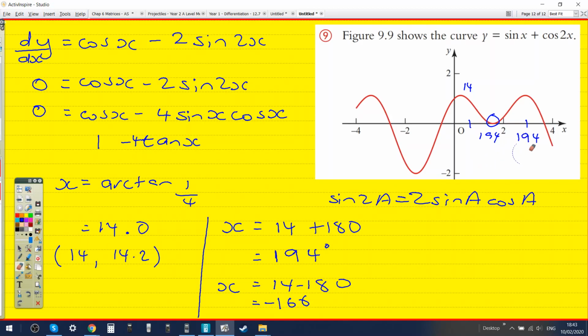2 pi is 360 degrees, right? Yeah. So this one is 14 degrees, that's very close to 0. Then this one is a bit halfway-ish, 180. So then this is like 374 degrees, or in radians, whatever that is.